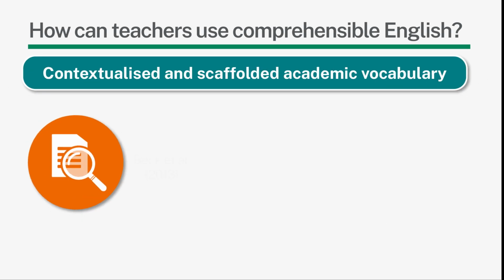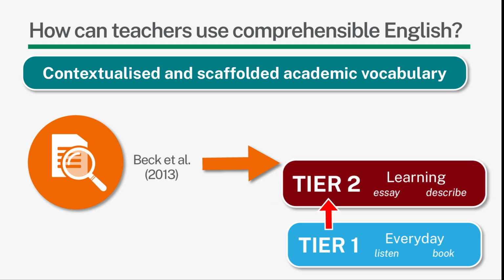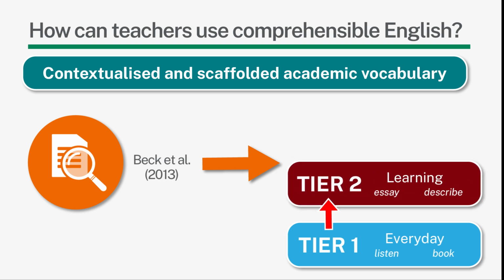Research conducted by Beck and colleagues in 2013 categorized classroom language into 3 tiers. Tier 1 vocabulary are words that appear frequently in everyday use, for example, listen and book. Tier 2 vocabulary are words that are used generally for learning, for example, essay and describe.